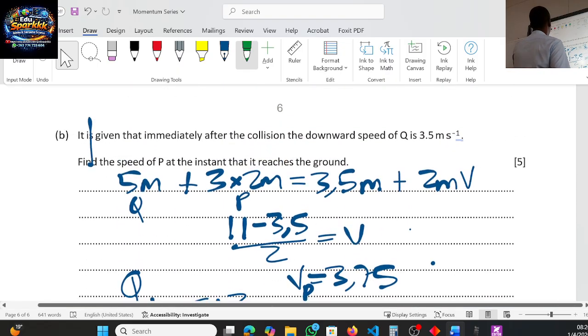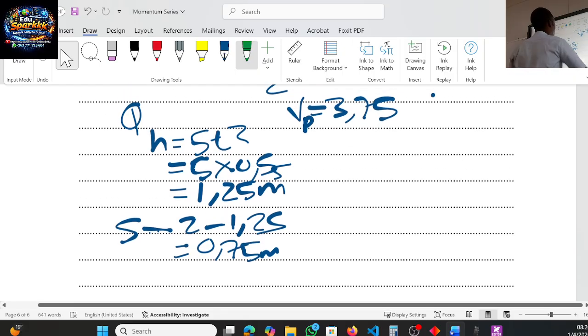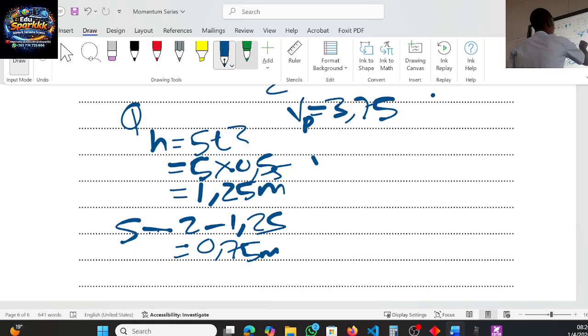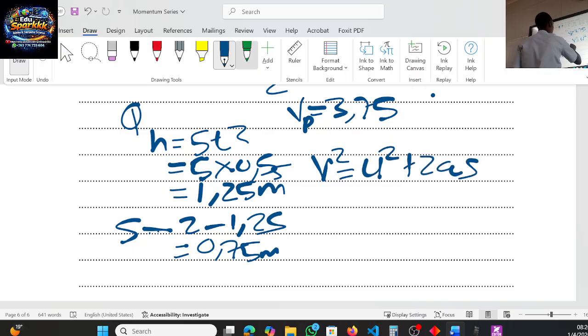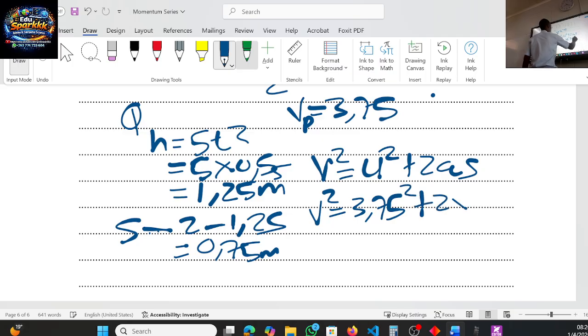When we know the initial speed and displacement, the favorable formula will be v squared equal to u squared plus 2as. Initially it's 3.75, but we are squaring it, plus 2 multiplied by 10 multiplied by 0.75.